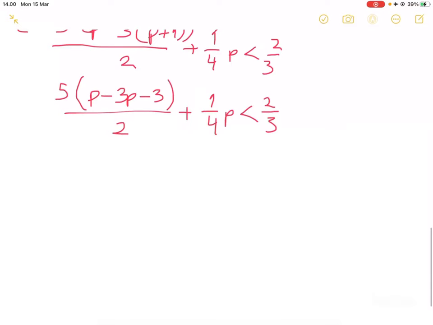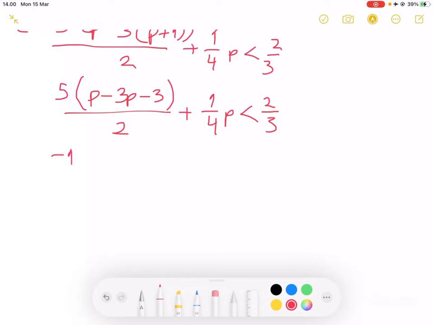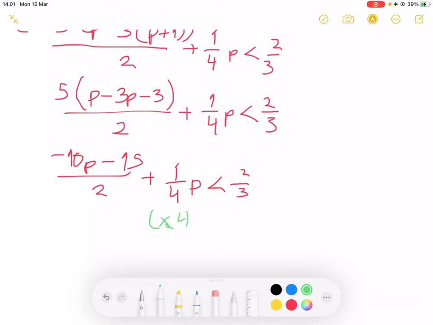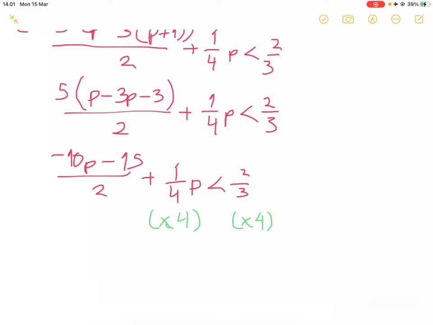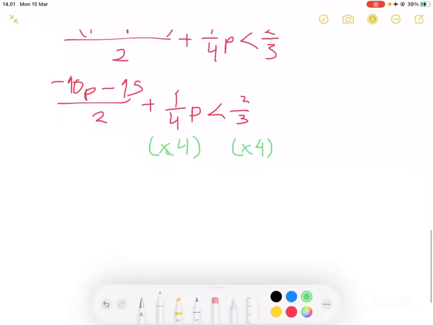From here we can expand what is inside the brackets, and then group like terms. You get negative 10p minus 15 over 2 plus a quarter times p. And we can multiply by 4 on both sides to get rid of the denominator of both fractions.